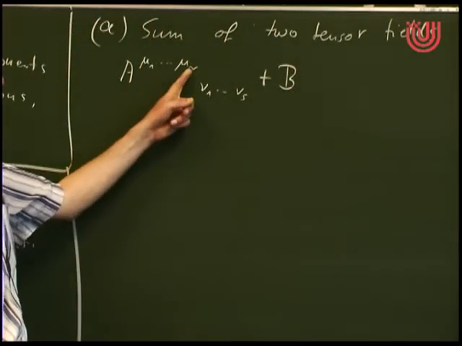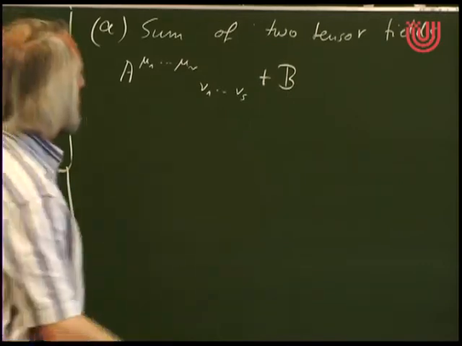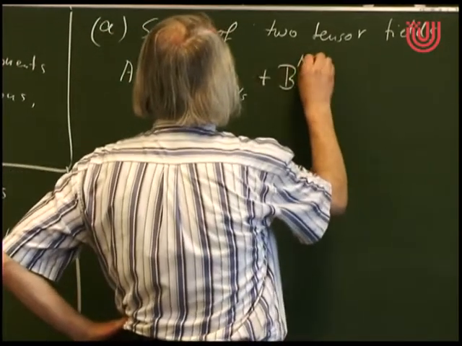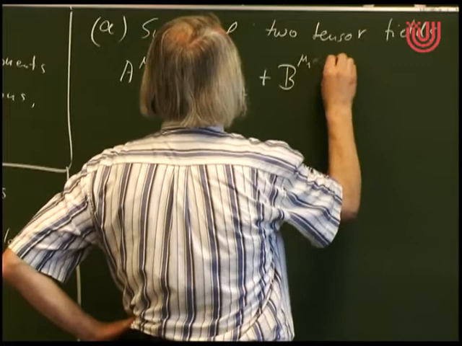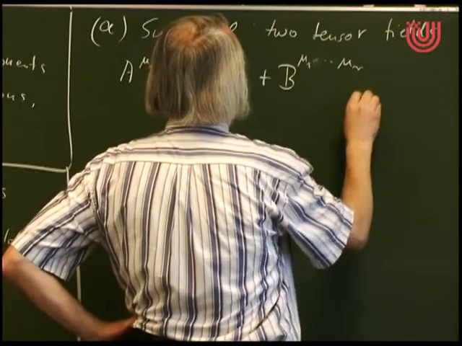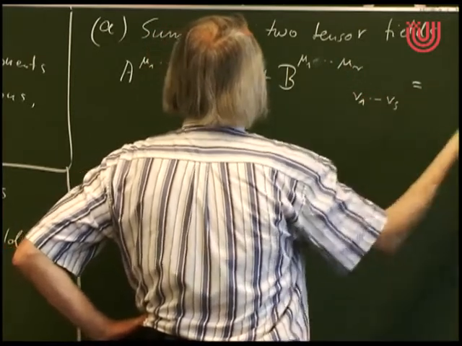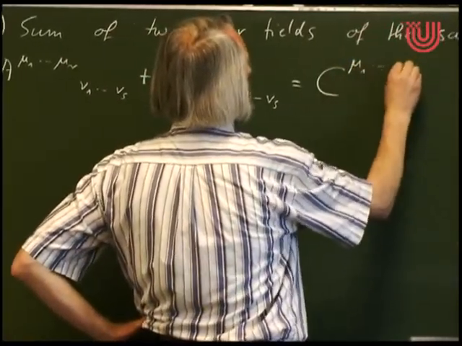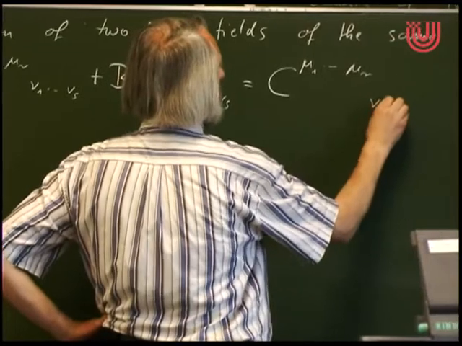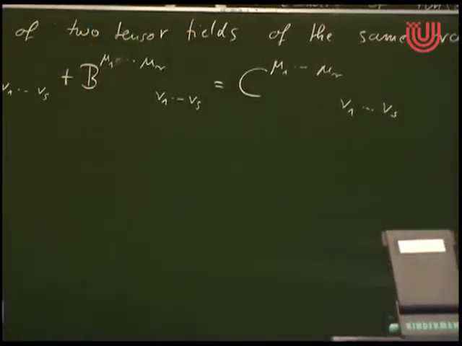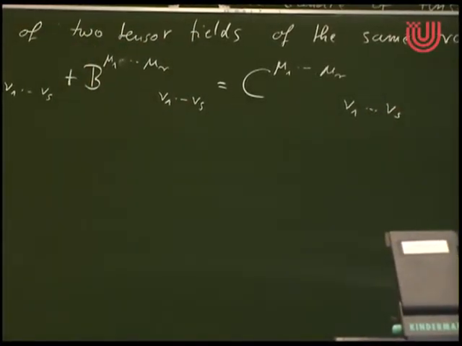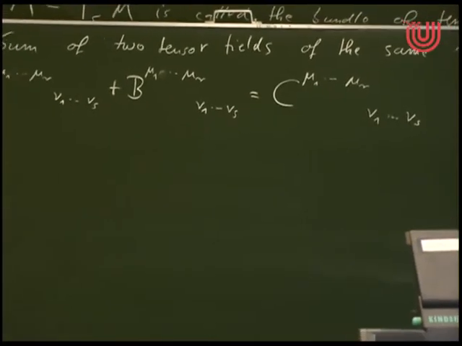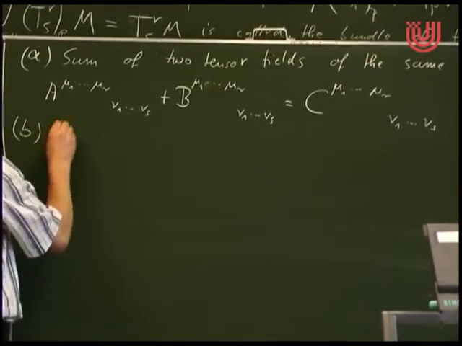So it has the same number of upper indices and the same number of lower indices. And this gives a new tensor field, which of course again has the same number of indices. So that's a rather trivial operation. Slightly less trivial is the tensor product.